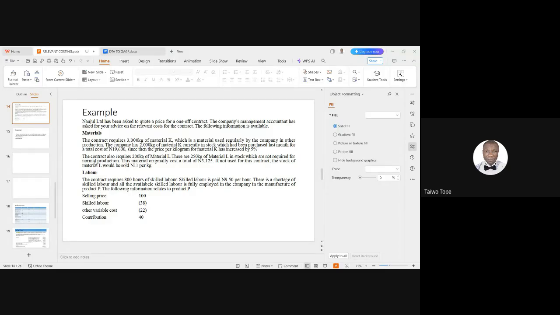So for us to maintain a stock level, a buffer level, we regard that 2,000 as being in regular use. If it's in stock and currently in use, the relevant cost will be the replacement cost.